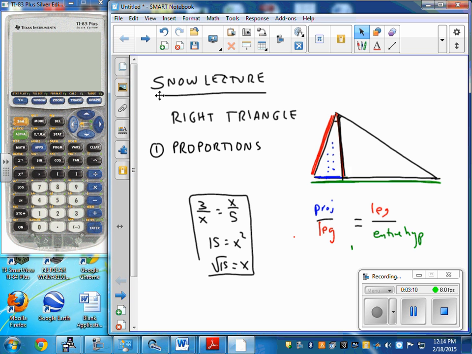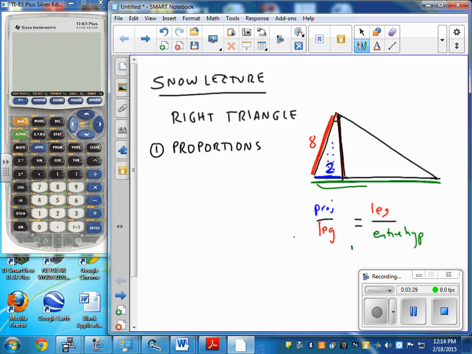Let's suppose we have some numbers, a quick example. Let's call the leg x. This blue bit, the projection, was 2, and the entire hypotenuse was 12, just to pick some numbers.